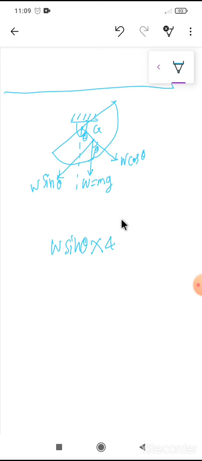So this torque is w sin theta into 4r by 3 pi. Let's call 4r by 3 pi as L. This torque is balanced with the help of an inertia torque, that is I theta double dot.